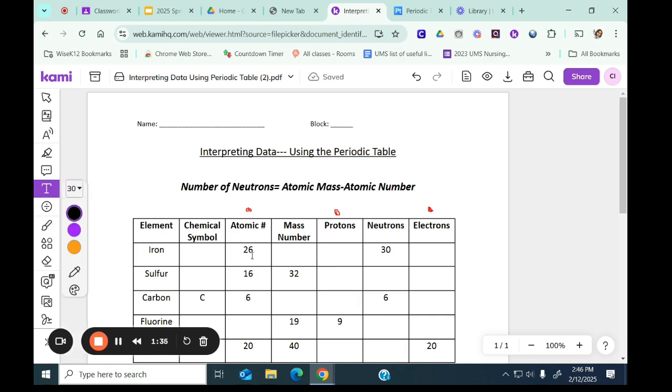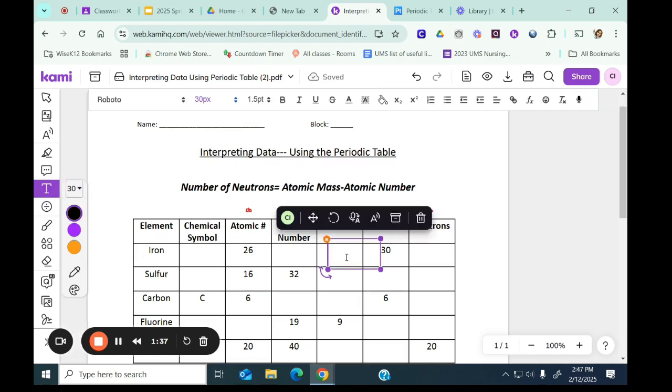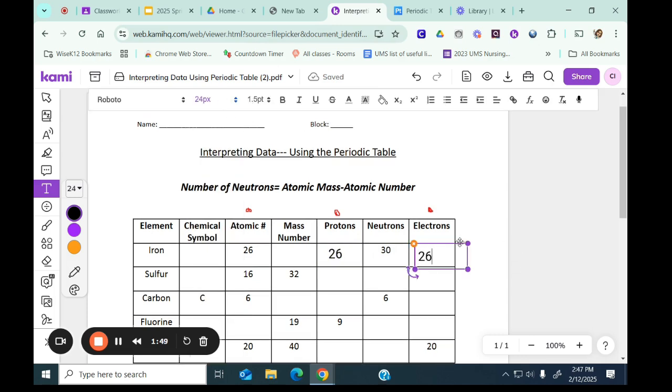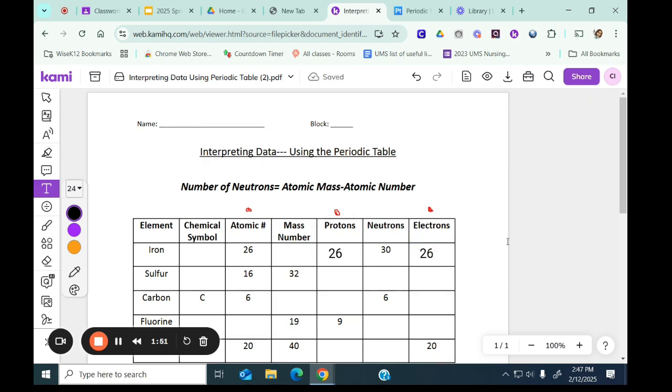If the atomic number is 26, our protons are also going to be 26, and so are the electrons. Right now the only atoms we are dealing with are neutral atoms, so that means protons and electrons are equal.